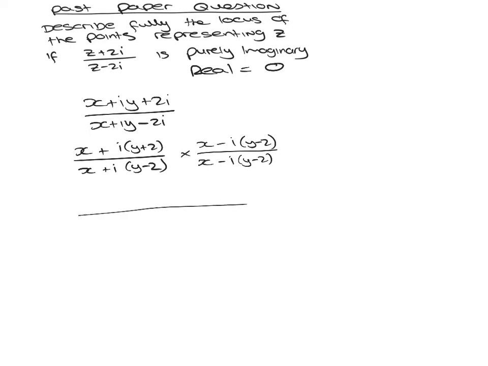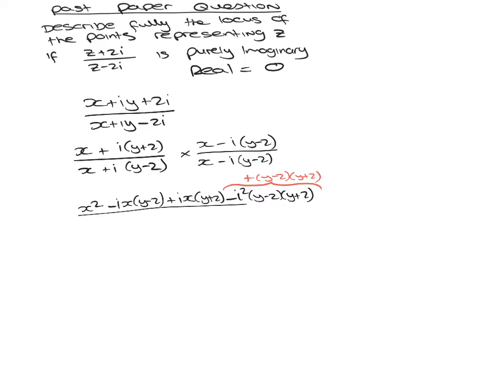So the numerator here is going to be x squared minus ixy minus 2 plus ixy plus 2, minus i squared (y minus 2)(y plus 2). But remembering i squared is negative 1, so that becomes plus (y minus 2)(y plus 2).